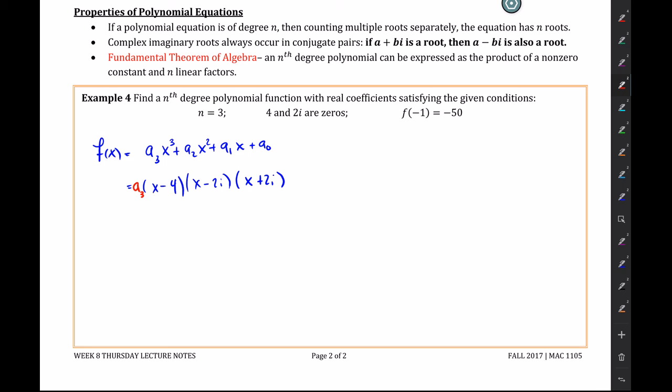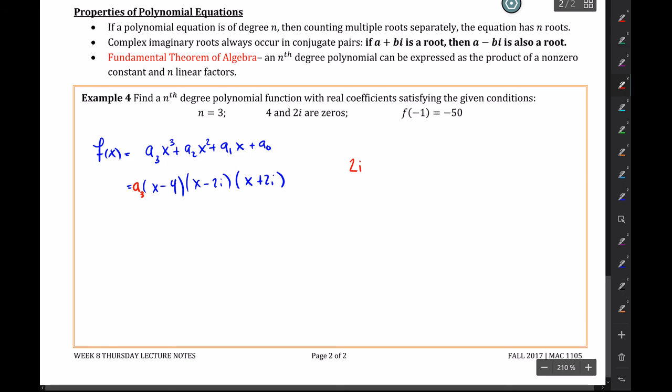So the keys here are remembering that 2i and negative 2i are complex conjugates. So that's one of the keys.